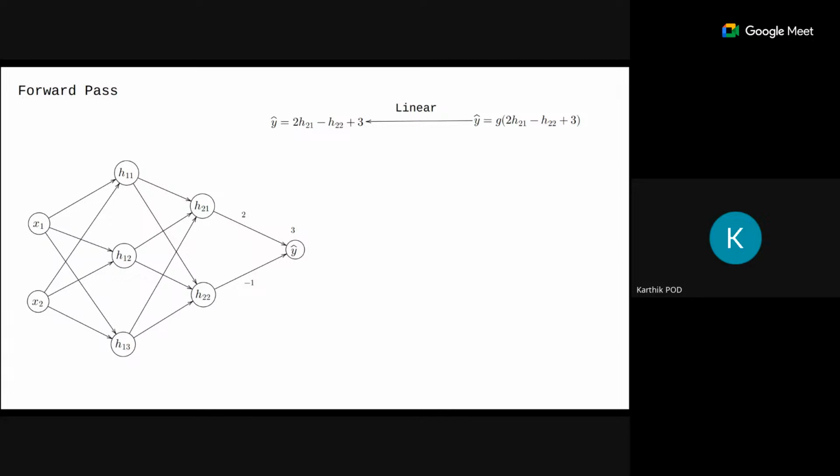Why do you need that? For regression, remember that the output can be any real number, so you should not constrain it. If you use ReLU, for instance, that will only give you values between 0 and infinity, so it won't be able to produce negative values. That's not good for regression. If you use sigmoid, it's even worse. It will only give you values between 0 and 1. Both are problematic, so linear is what you go for.